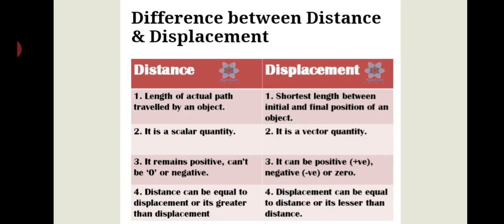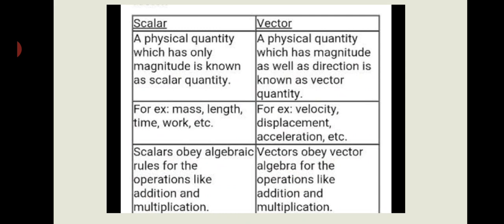Now, if we observe the difference between distance and displacement, there are new terms, which are scalar and vector. So, we just learn the difference between scalar quantity and vector quantity. Scalar quantity: a physical quantity which has only magnitude is known as a scalar quantity.